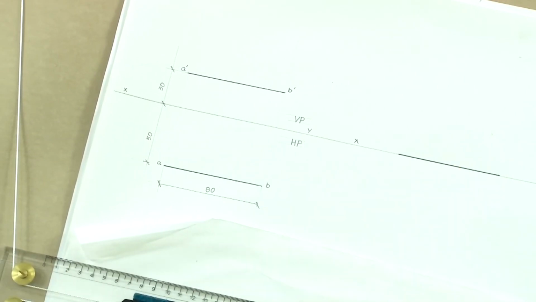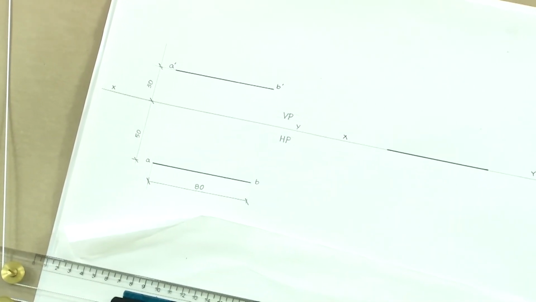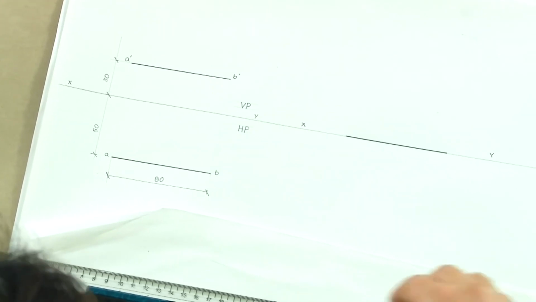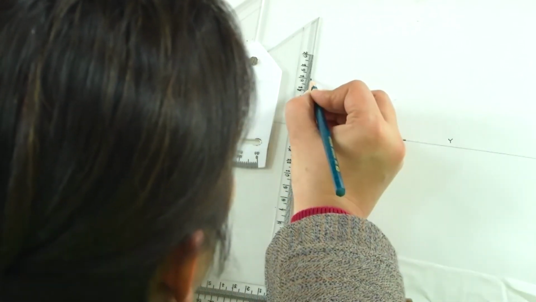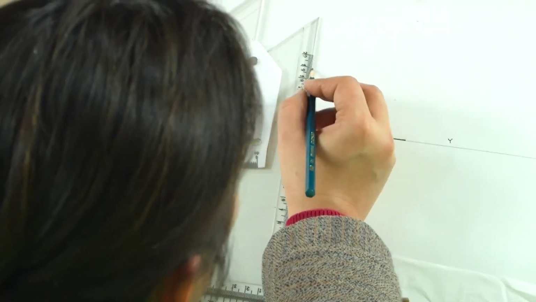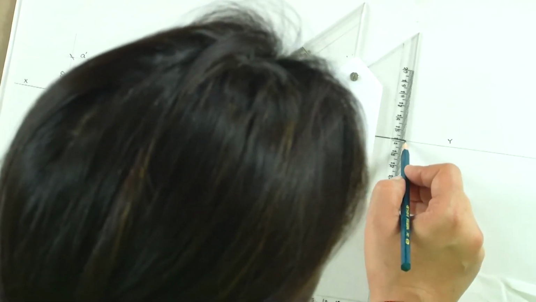In the elevation, we would see this line at 40 mm from HP. So, we would mark a parallel line 40 mm above the reference line.